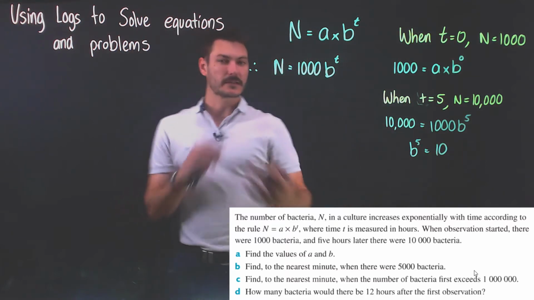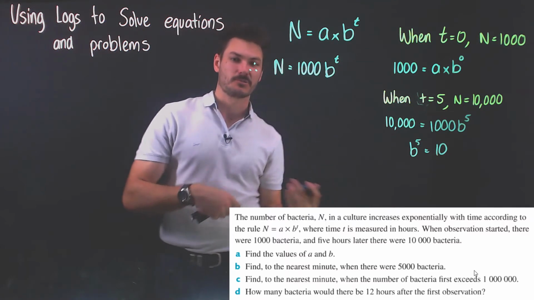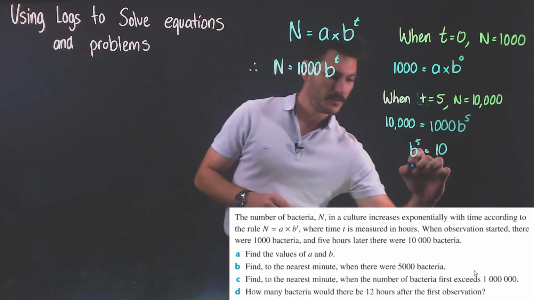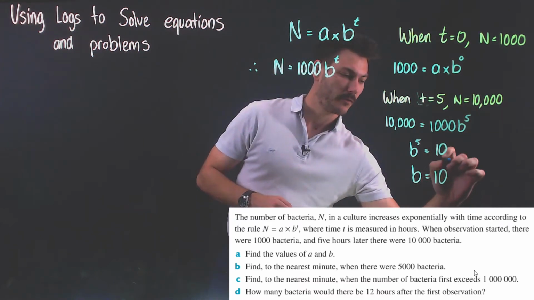And I can either take the 5th root of 10 here or raise it to a 5th. I'm going to raise it to a 5th, and you'll see why shortly. So B is therefore 10 to the power of 1/5.